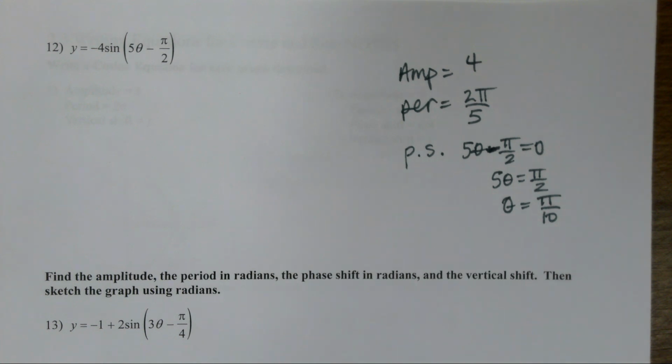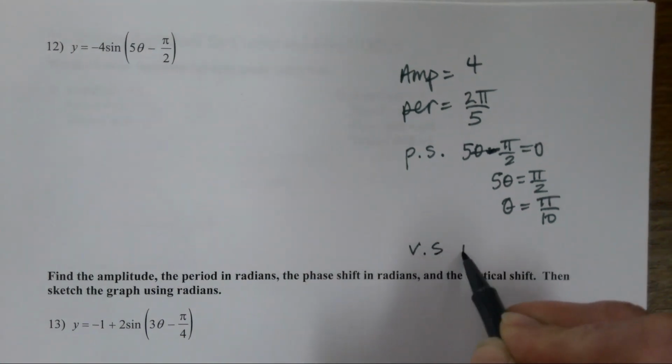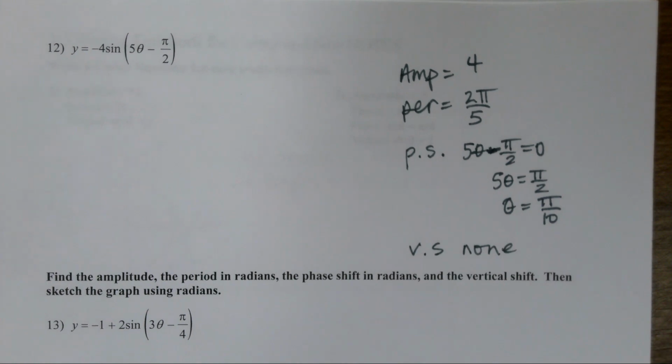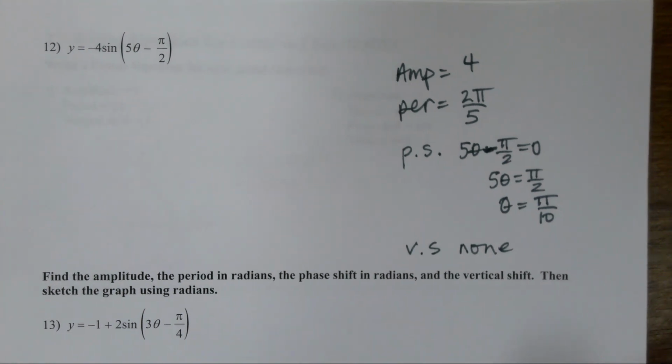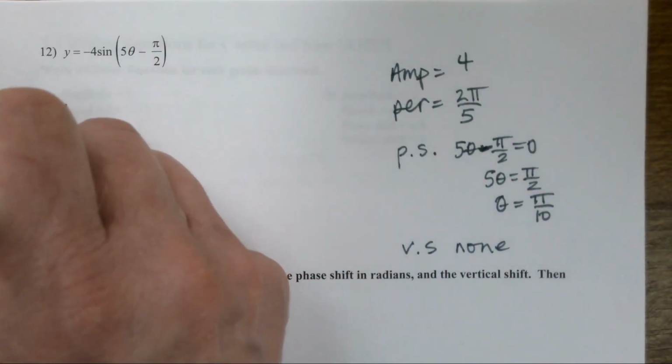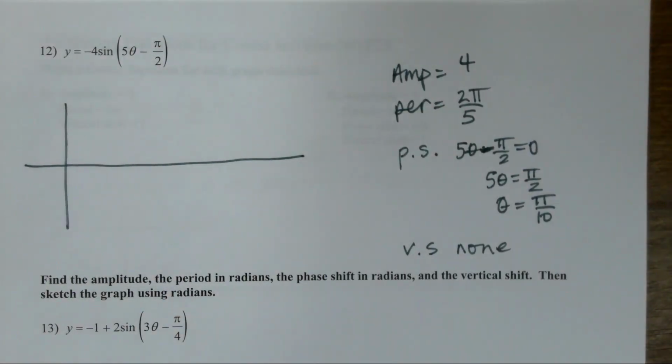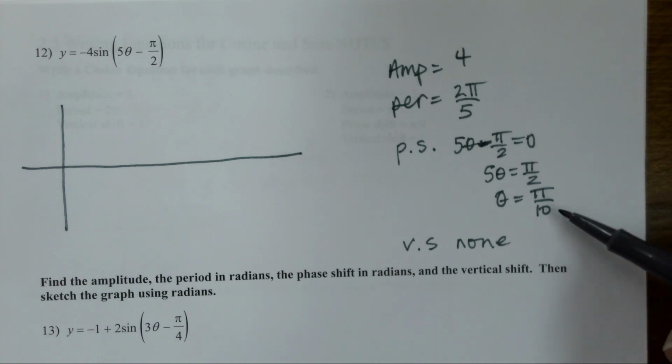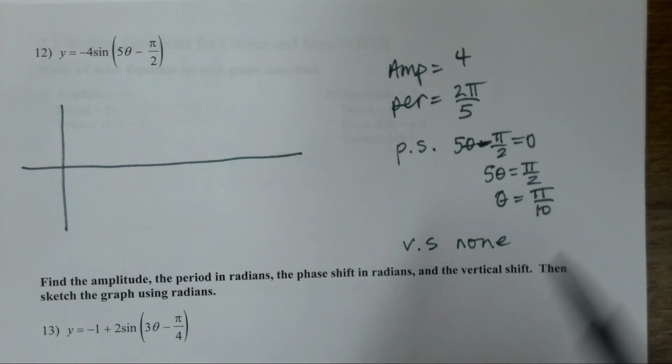I still don't have a vertical shift, so I don't need to address that yet. We'll do that next. Shifting to the right, so I don't need any room on the left. I'm shifting pi over 10. Yes.